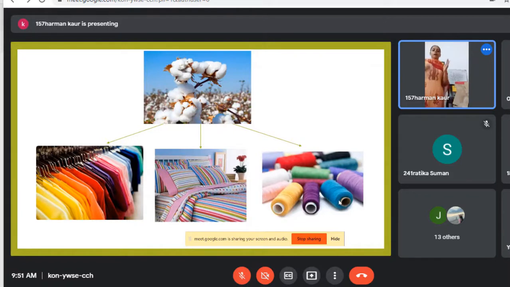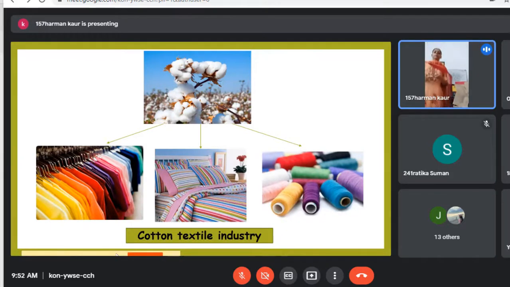And all those manufacturers or producers who are making products with the help of cotton are collectively included in the cotton textile industry. So this is an example of an industry, where cotton is the basic raw material they have used. They are collectively called and come under the cotton textile industry.